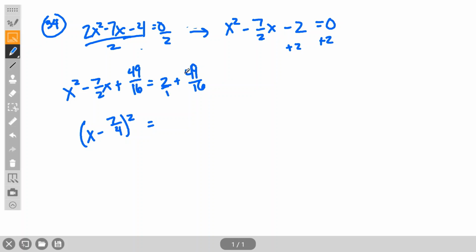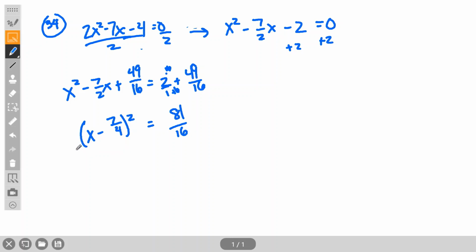So that's 2 over 1 plus 49 over 16. So I need a common denominator of 16. That's going to be 32 over 16 plus 49 over 16. So let's see what that is. So that's 81 over 16.